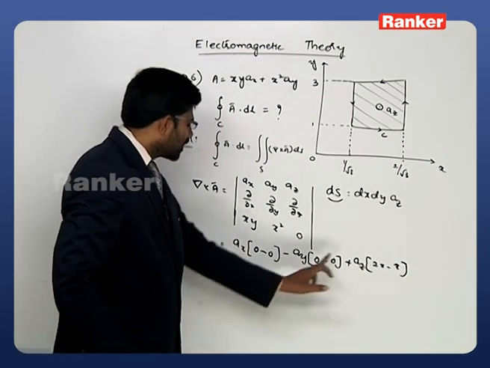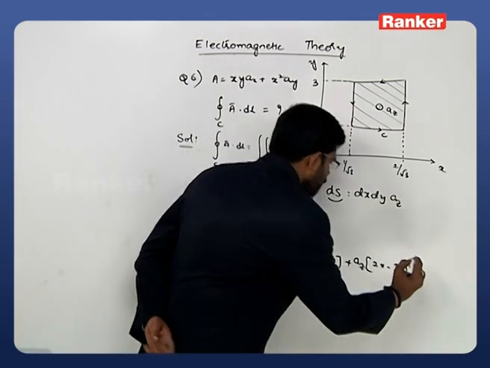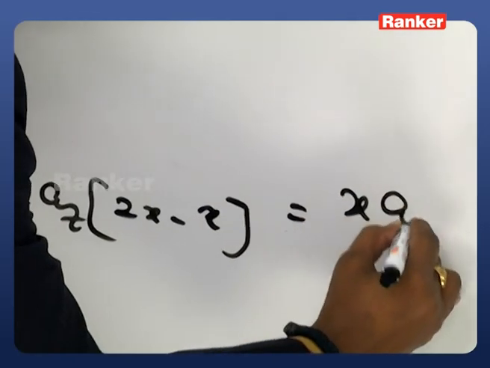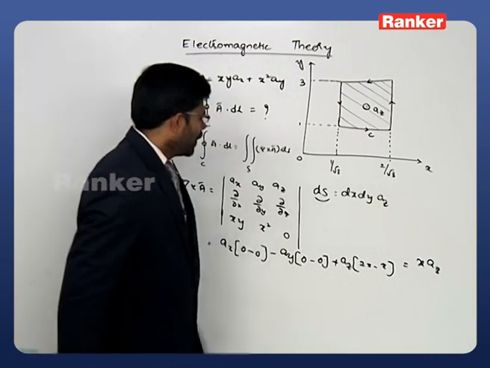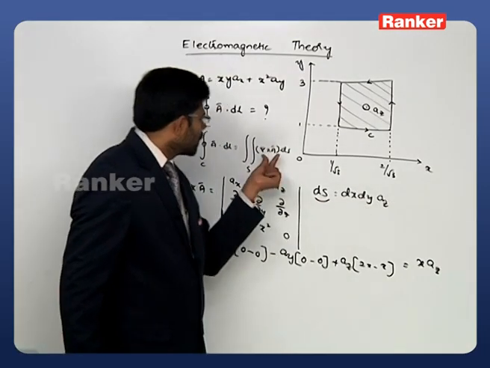So most fortunately, we get 0 for the first two, and the last one gives just x az.